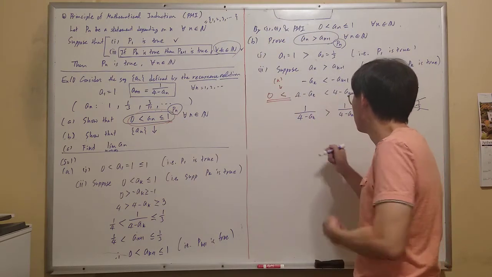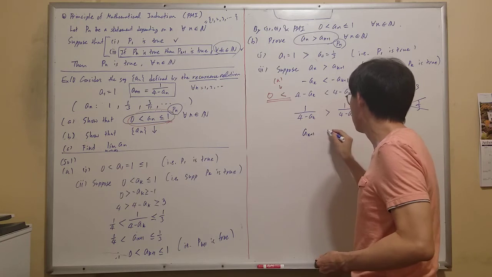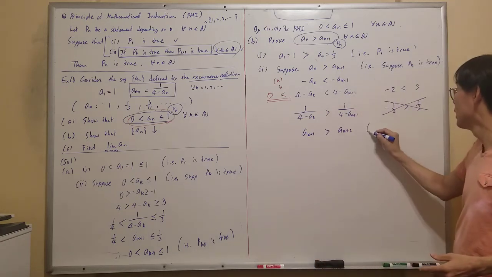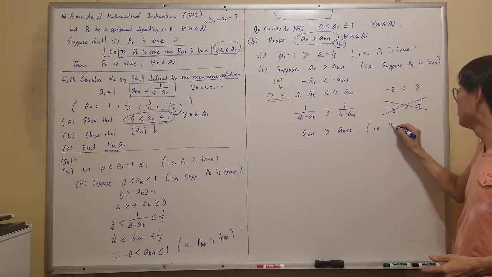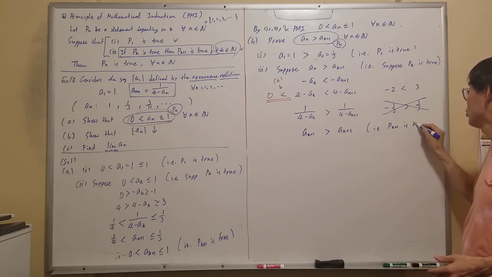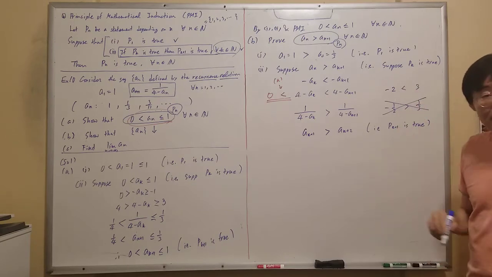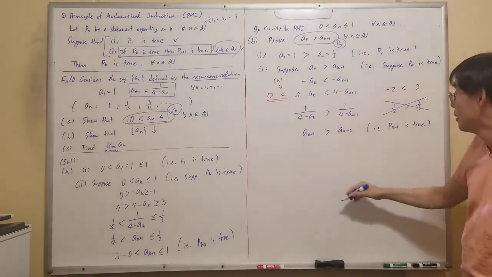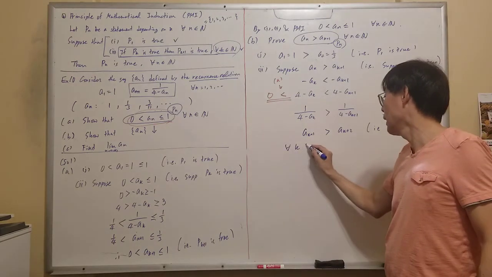Which means A_{k+1} is greater than A_{k+2}. That means, i.e., P(k+1) is true when we assume that P(k) is true, for any k, no restriction on k value. For all k.